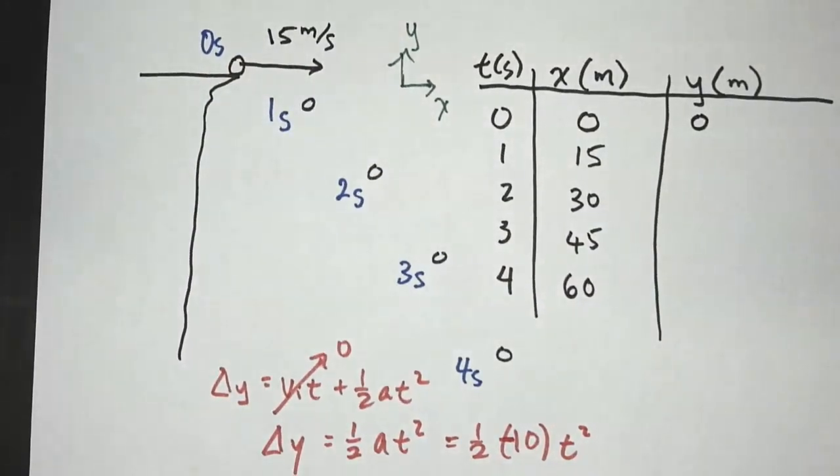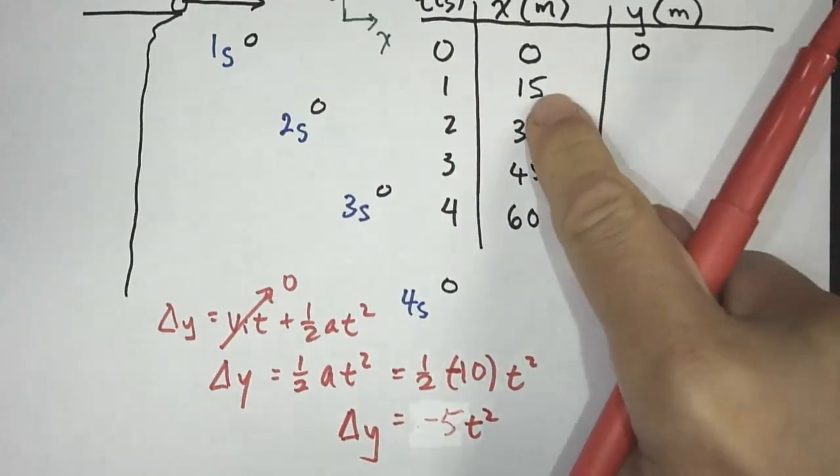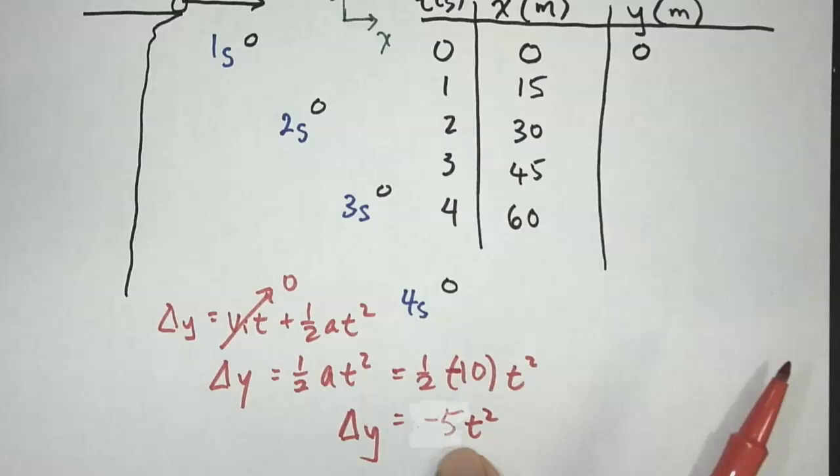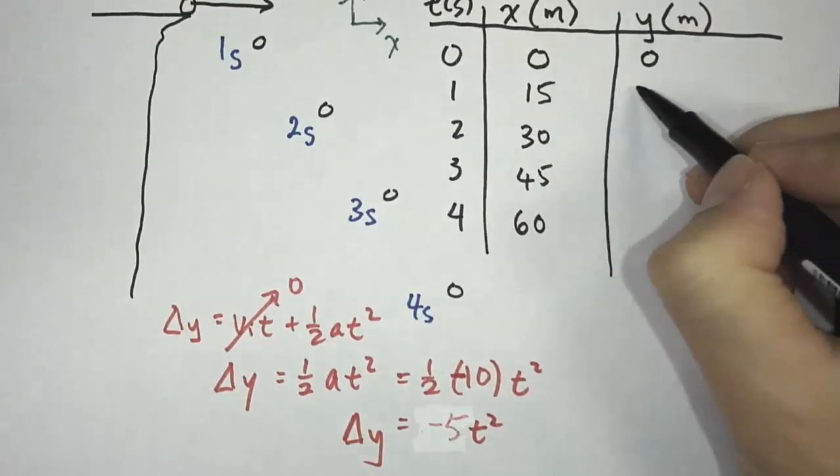Half times negative 10 is just negative 5, so we have delta y equals negative 5 t squared. This makes it a little easier to think about. Plugging in 1, 1 squared is 1, and 1 times negative 5 is negative 5.